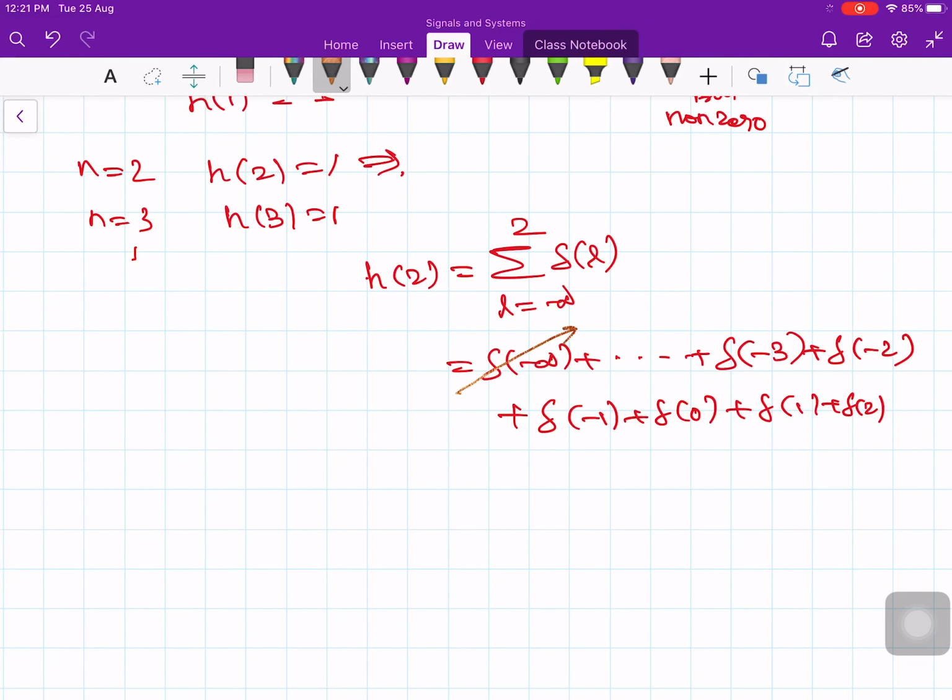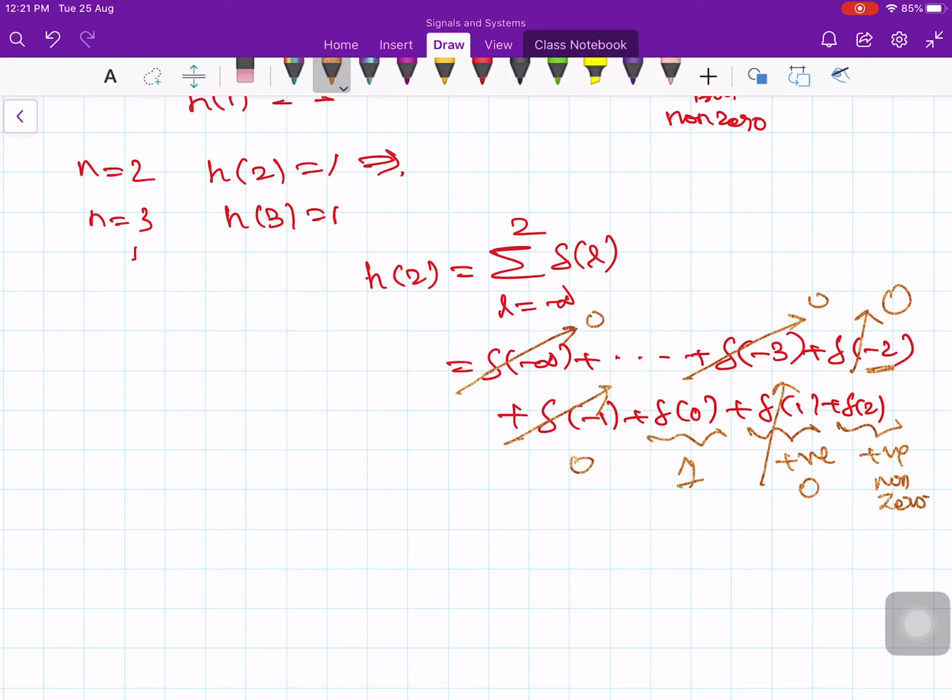Here also the argument is non-zero and negative, 0. This also the argument is non-zero, so it is 0. This also 0, but this guy is going to give 1. And here the argument is positive but non-zero, therefore this also 0. And here also the argument is positive and non-zero. As long as the argument is non-zero, that gives 0 output. So there is no contribution from all these delta functions except this guy, so this is equal to again 1.